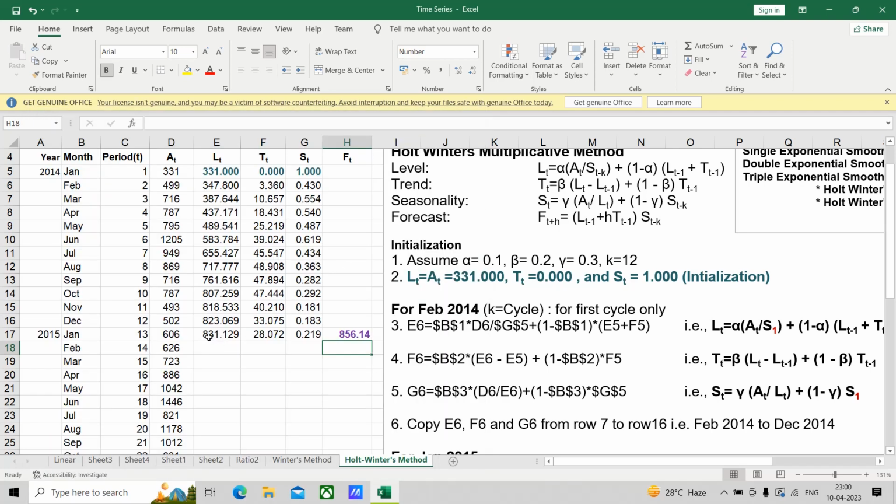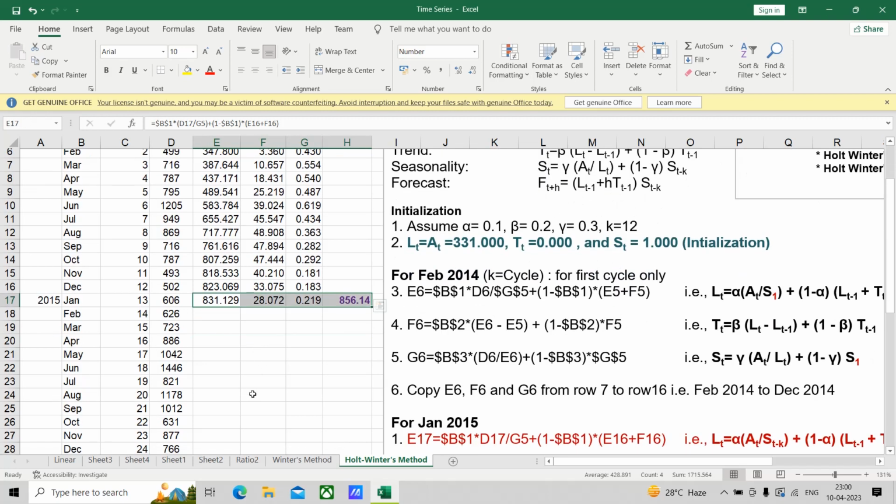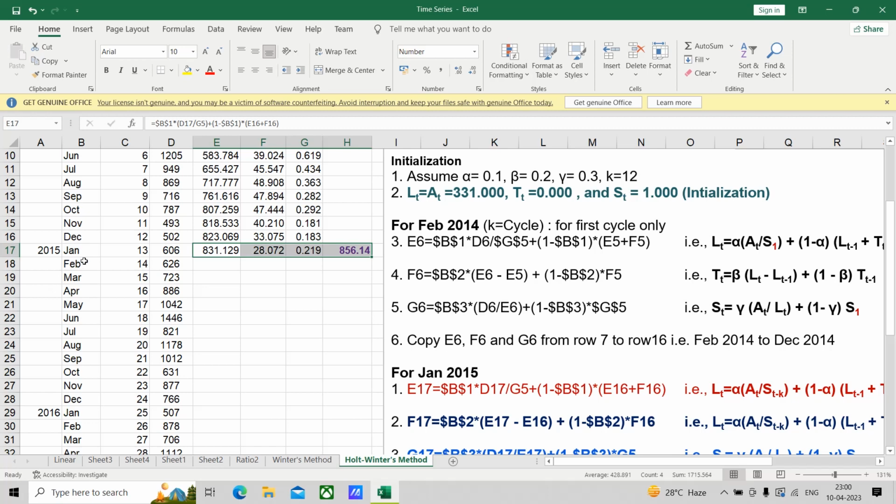If we copy this column's values into the other periods of 2015, then it will give the forecast value from February to December.